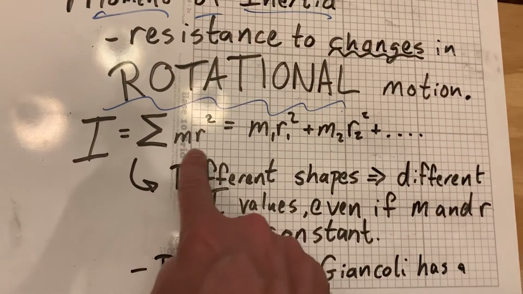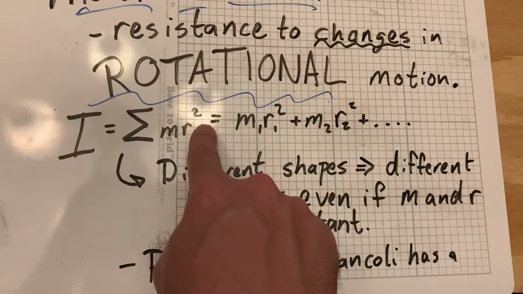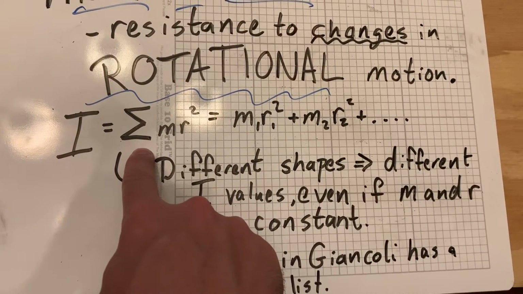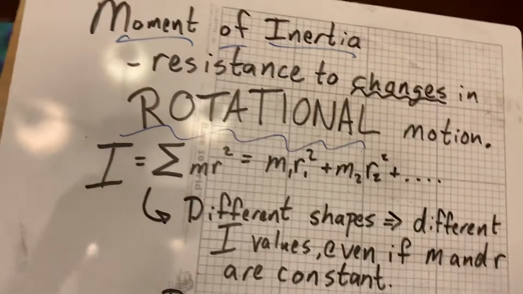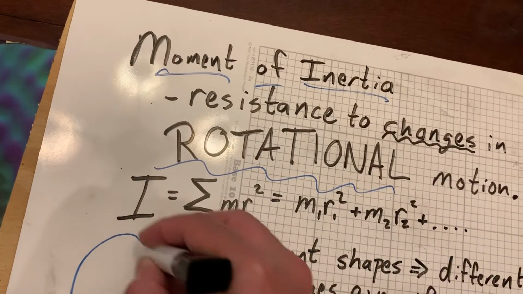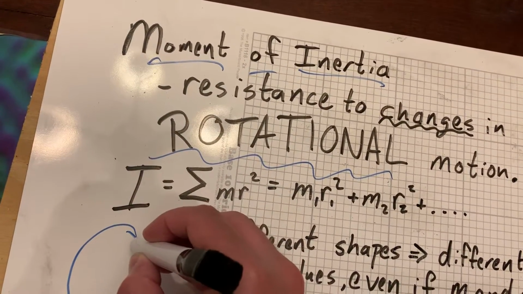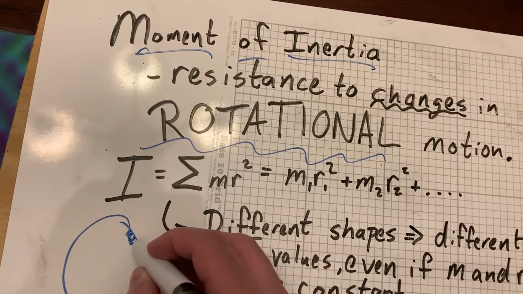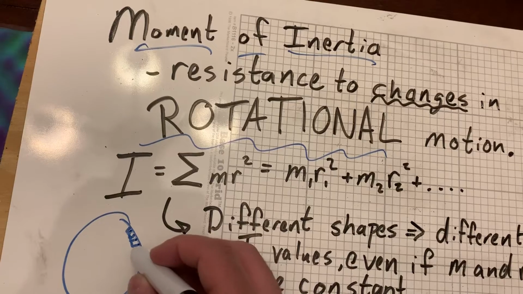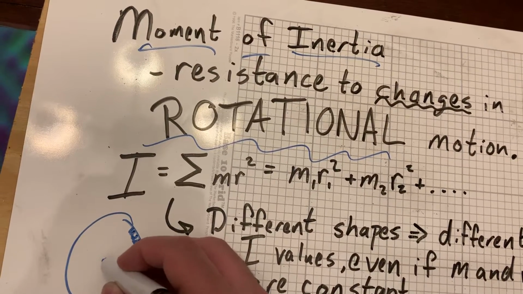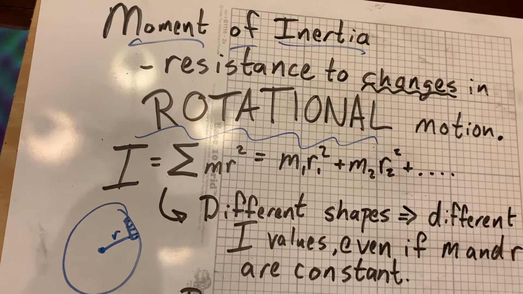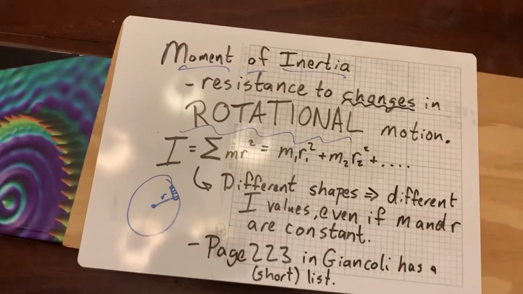The mass and the radius squared, and then a summation of this. So basically, if we have a solid shape, we would break that solid shape up into an infinite number of minuscule pieces and then figure out how much each one massed and its radius from the center of rotation.